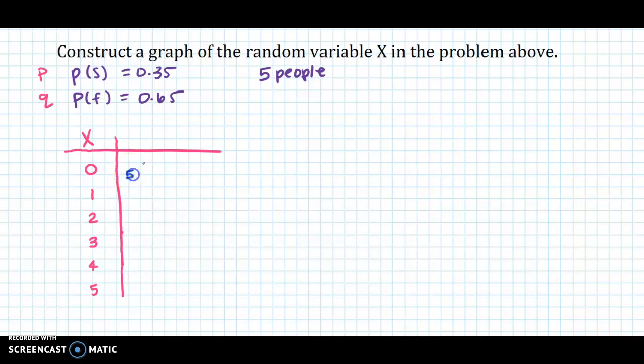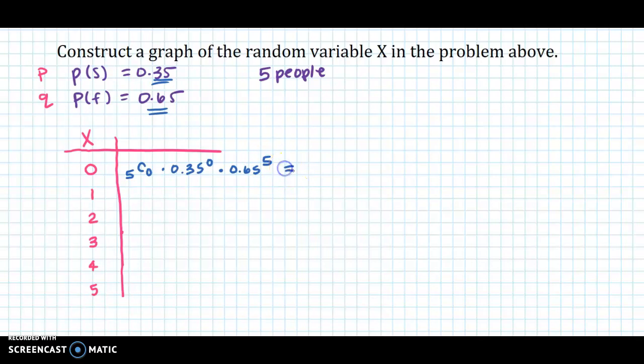So out of the 5 people, we have 0 successes. We multiply that by 0.35 to the 0 power, because that's my successes, times 0.65 to the power of my number of failures, which in this case would be 5.